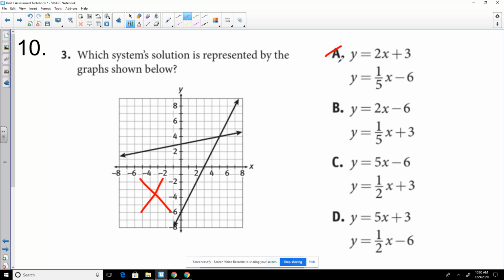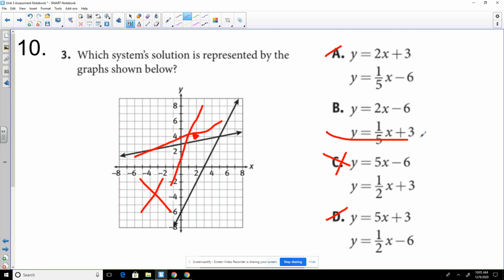Okay, so you can automatically rule out A and D because they show up in a totally different quadrant. If you graph C, you will get the intersection point, I believe, at 2, 4, where the graphs look similar to this. Well, it's a little off, but that's what your graphs look like for C.